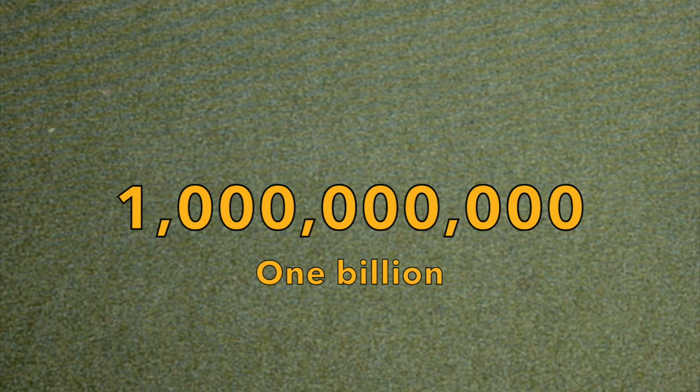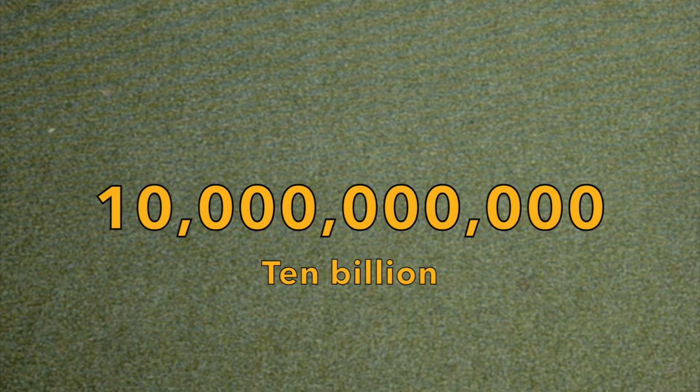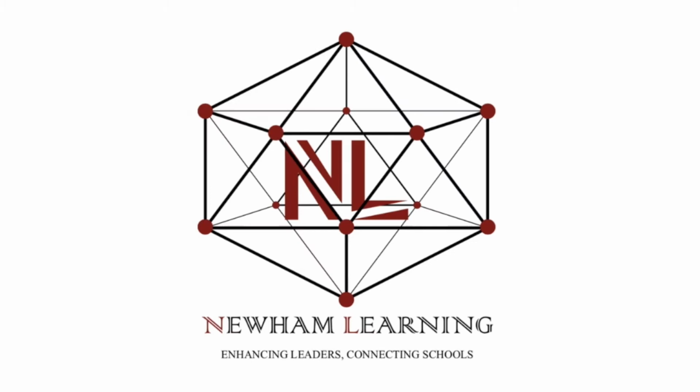Again, we're cheating a bit, thinking that we can name a number in 1 second. It's over 31 years. No sleep, no rest. 31 years. And if you were counting to 10 billion, it would take longer than a human lifetime. 310 years. These are numbers that are almost impossible to imagine.